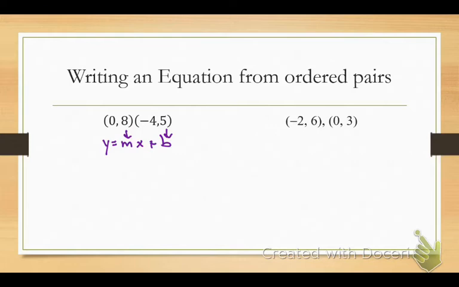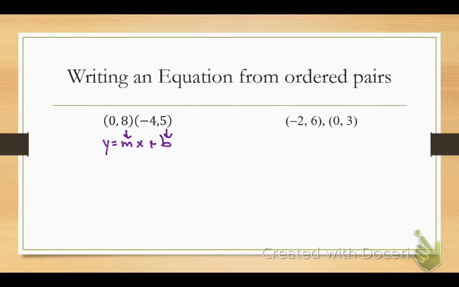And then remember, b is the value where the line would cross the y-axis. So if you remember the trick that we learned to look back at the ordered pairs, then possibly you could find b. I just wanted to give you a minute to try to get ahead of me on this. At least start solving for slope, okay? We reviewed that yesterday. Go ahead and do that part.